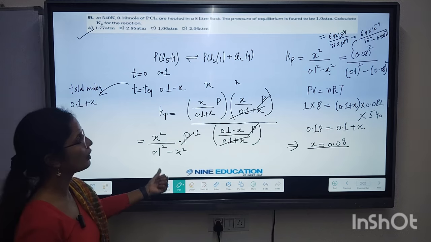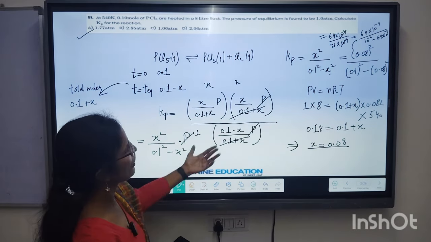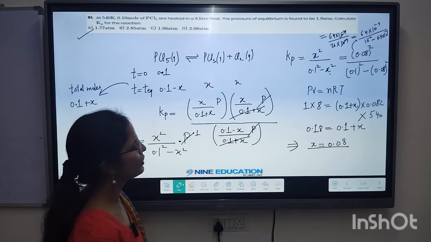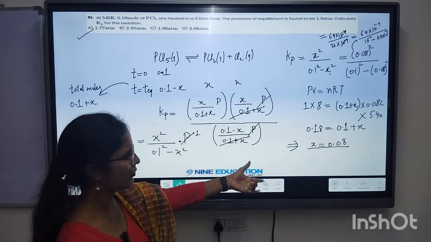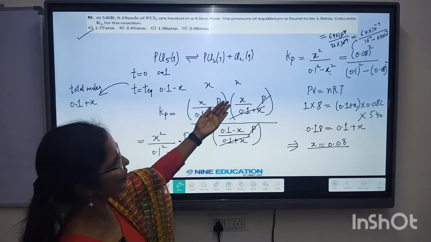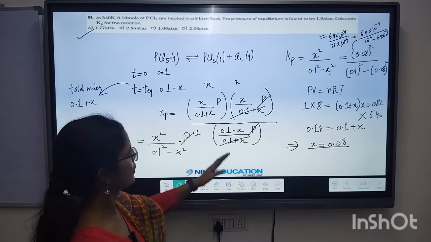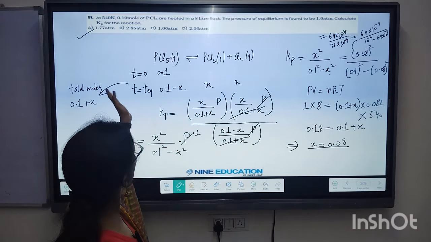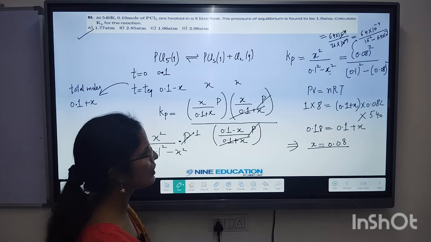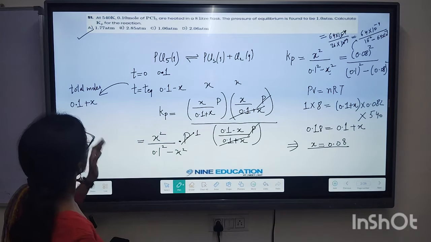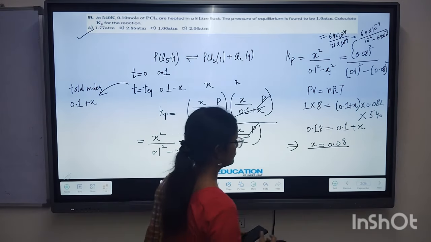And in order to find out the value of x, we make use of PV is equal to nRT, giving us a very simple value of x, and after substituting it, it is also a pretty easy calculation, and it will be coming around what? 1.77 atm. So option A will be the correct answer.